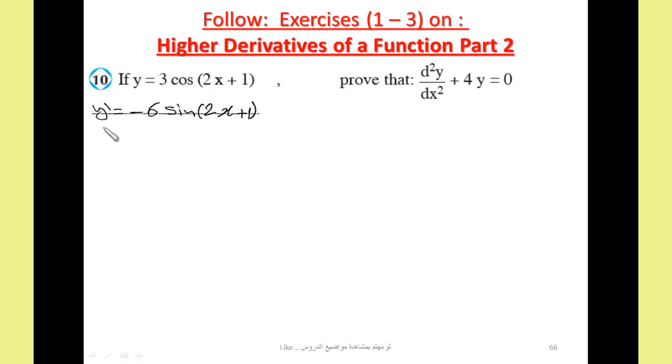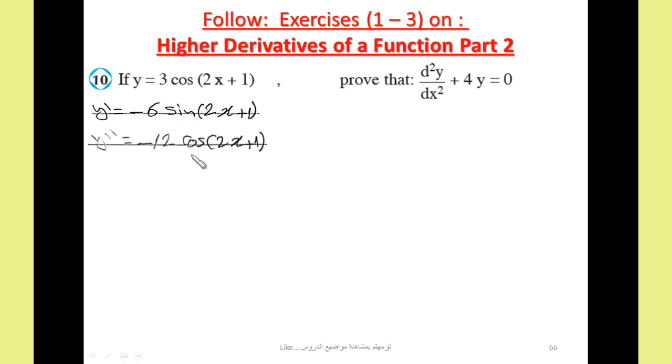So y dash equals negative 6 sine 2x plus 1. Don't forget that the derivative of 1 is 0. So the derivative of the angle equals 2. 2 multiplied by 3 equals 6. Negative here because the derivative of cosine is negative sine.